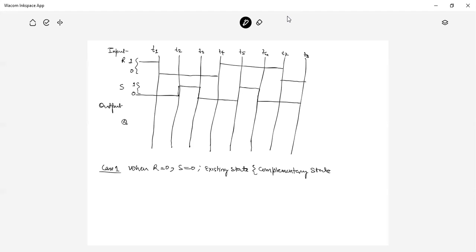Complementary states, either it is 0 or 1, or 1, 0, and this one is between T1 to T2.